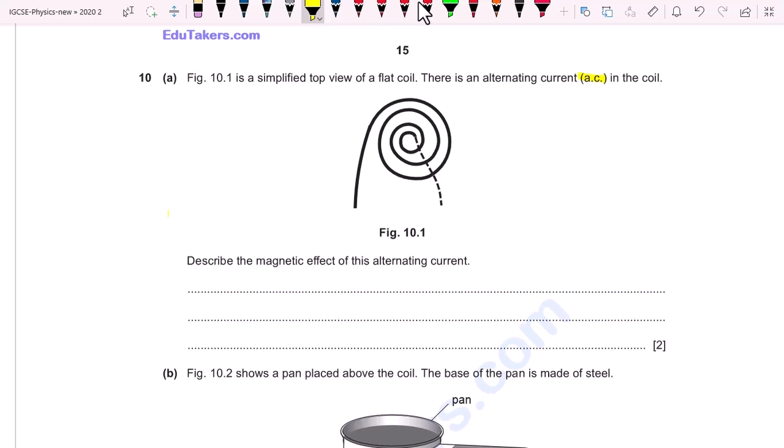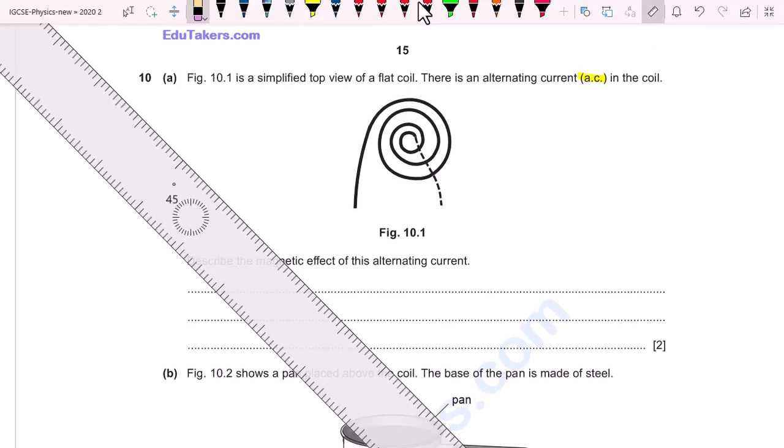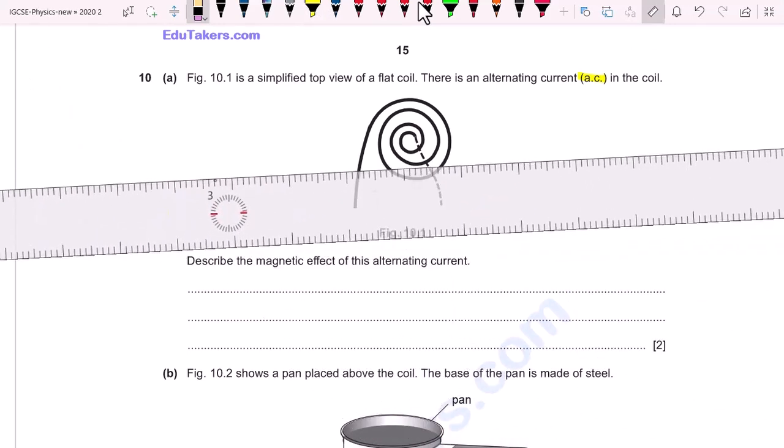It means that if the current is changing, as we know that alternating current is that in which the direction of current is changing again and again. If I consider drawing the alternating current, I use the ruler and draw a straight line.